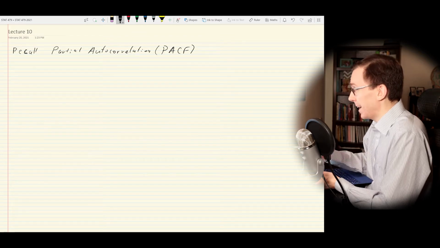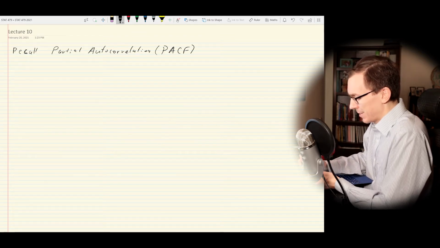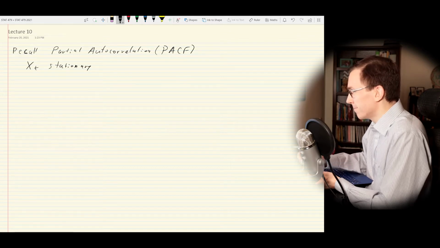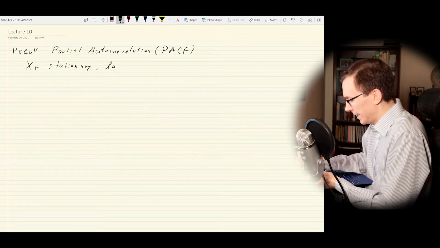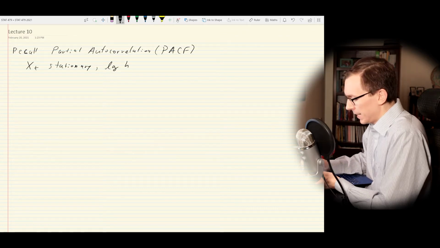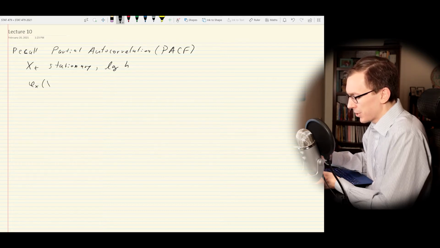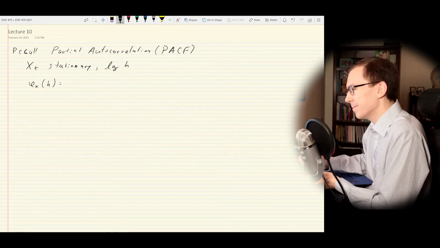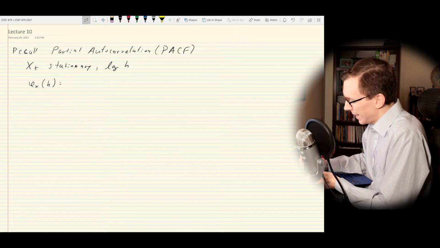The way we defined it last time is for X_t a stationary time series, and lag h, the partial autocorrelation function phi_X at lag h is just the autocorrelation itself at lag 1 if h is 1.